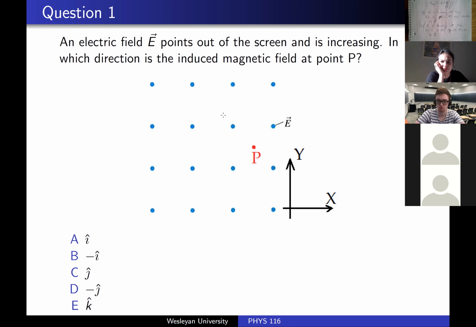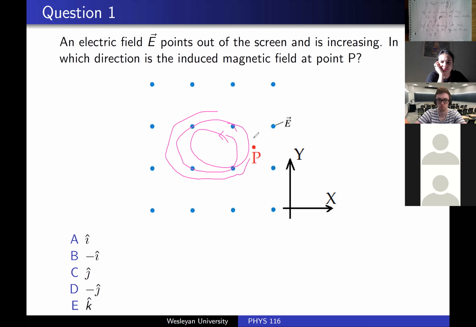So if we point our thumb in the direction of that displacement current, out of the screen, we see that the fingers of our right hand will curl counterclockwise. So we could expect that our B field lines are going to circulate counterclockwise. It's a terrible drawing, but they won't be perfect circles.